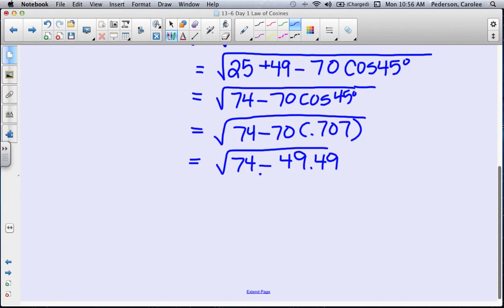And now subtract that from 74. So 74 minus 49.49 is approximately 24.51. And then square root that number. So the length of A is approximately 4.95 units.